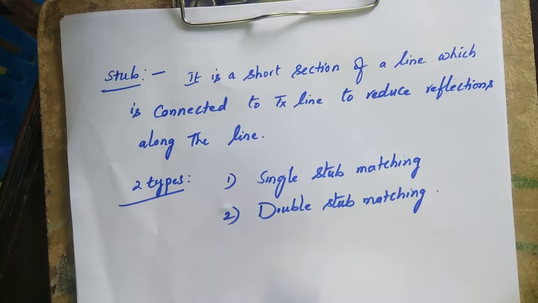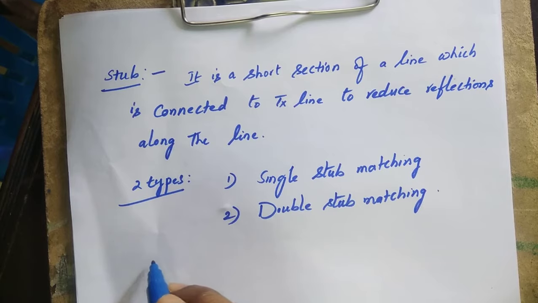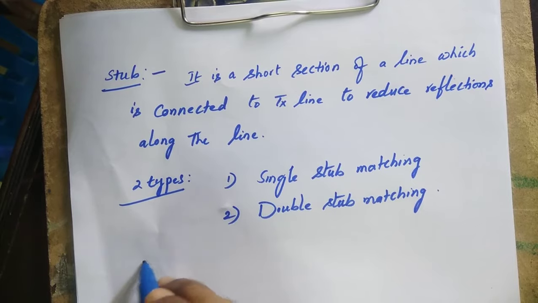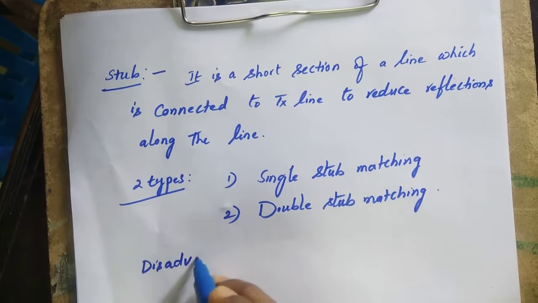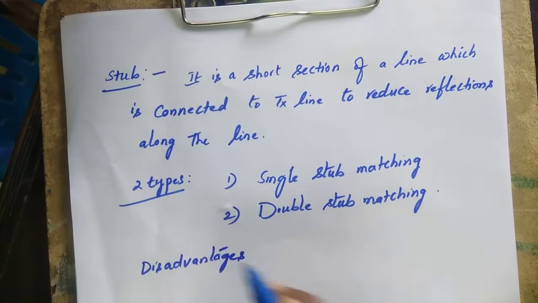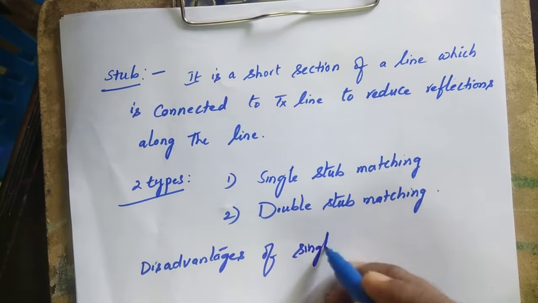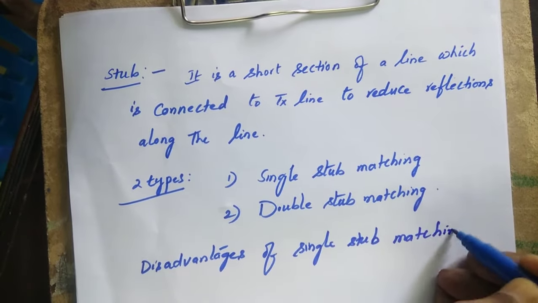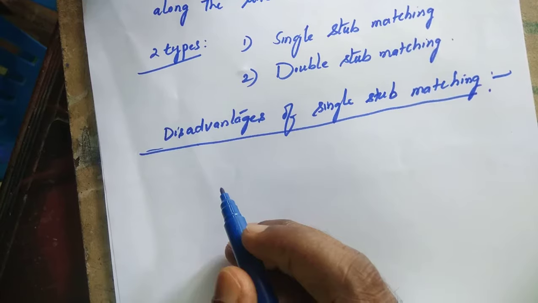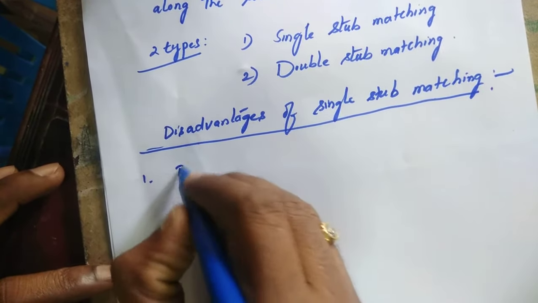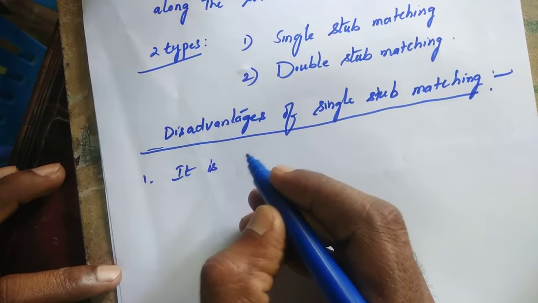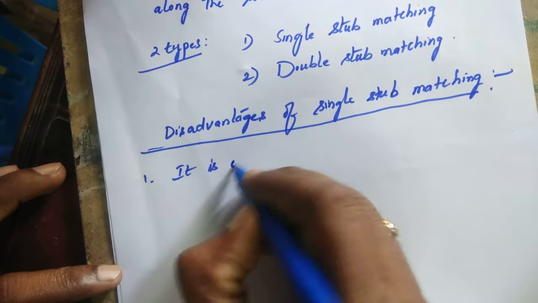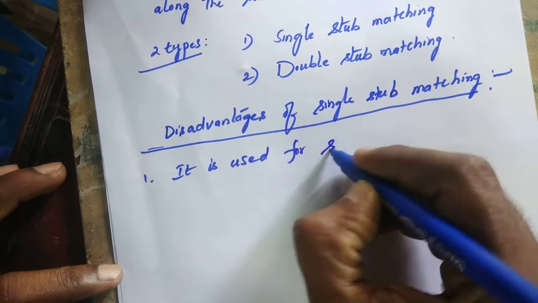In single stub matching there are some drawbacks. We will see the disadvantages of single stub matching. The first one is that it is used for single frequencies only.